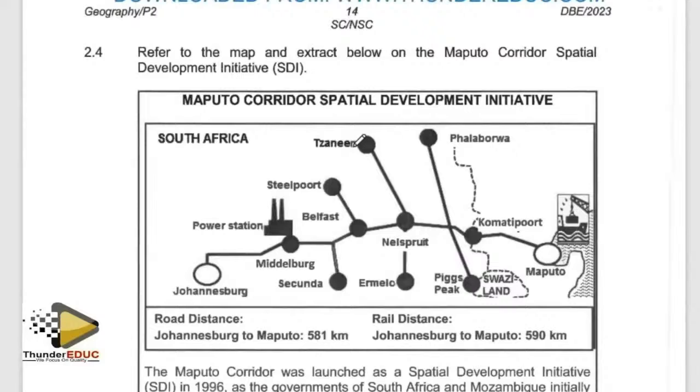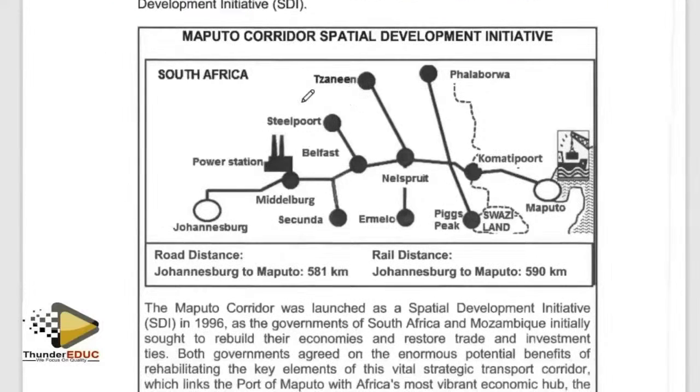2.4. Refer to the map extract below about the Maputo Corridor Spatial Development Initiative. This is the SDI. Here we go. This is Johannesburg. It shows you Middelburg, Secunda, Swaziland, Maputo, whatever. First of all, what do we need to note?